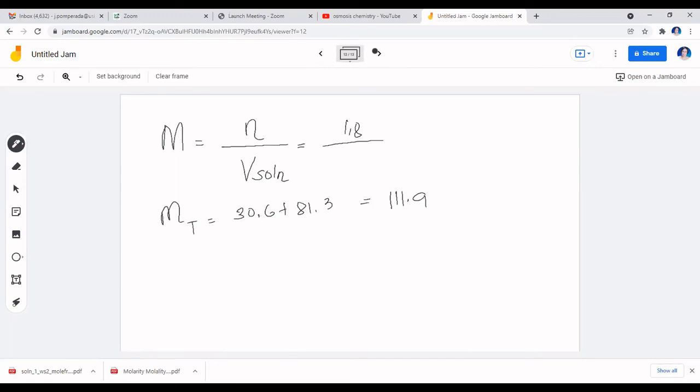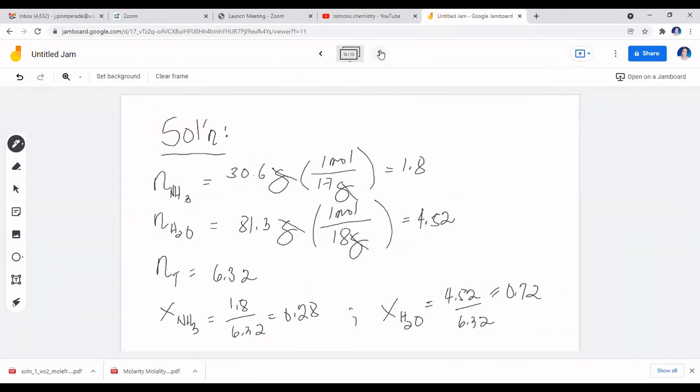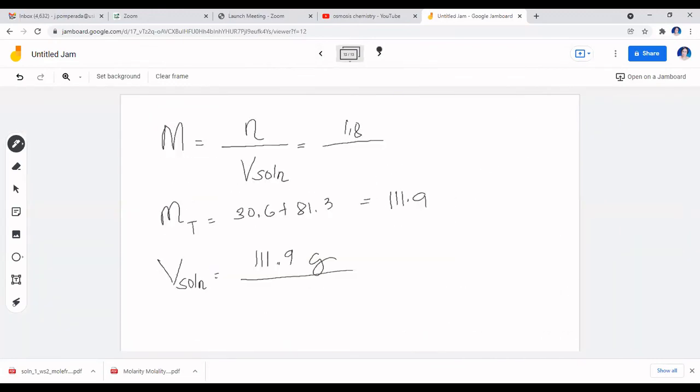Now, I have already the total mass. I need the volume of the solution. So that would be the mass of the solution, in grams, divided by its density. The density of the solution is given to be 0.982 gram per ml.